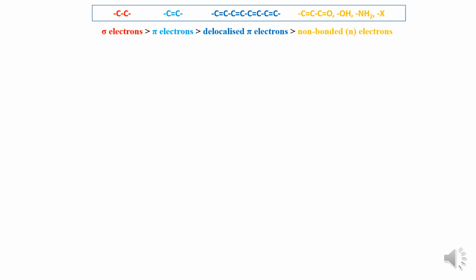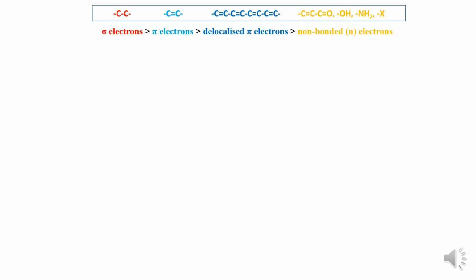Delocalized pi electrons are present in compounds with a conjugated system with alternating single and double bonds, as in the case of 1,3-butadiene and 1,3,5-hexatriene. While non-bonded electrons are present in compounds containing heteroatoms with lone pairs of electrons on the heteroatoms like oxygen, nitrogen, and halogen.